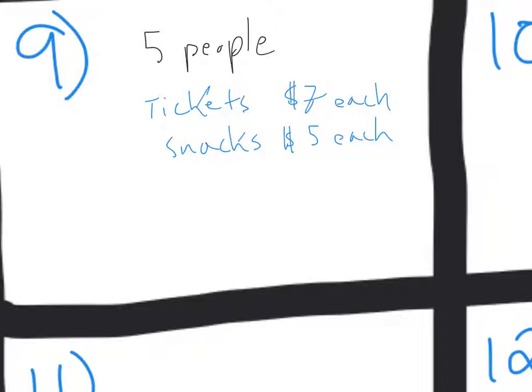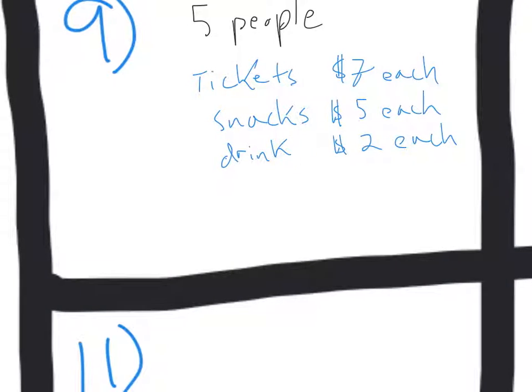Alright, and then a drink for $2 each. Okay, and they ask you to write an expression for the total cost of the trip to the movies, then find that total cost. Alright, so here we pretty much have a bunch of multiplication and addition happening.